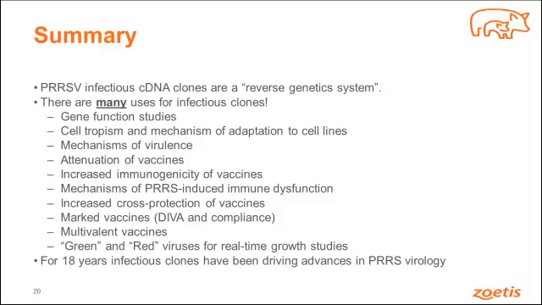Many uses for them: gene function studies, cell tropism, adaptation of cell lines, mechanisms of virulence, attenuation in vaccines, increasing immunogenicity in vaccines, trying to figure out how PRRS inhibits or causes immune dysfunction, cross-protection for vaccines, different ways of increasing that, marker vaccines, both DIVA markers and compliance markers, multivalent vaccines, with the circovirus capsid in there, potential bivalent vaccine.